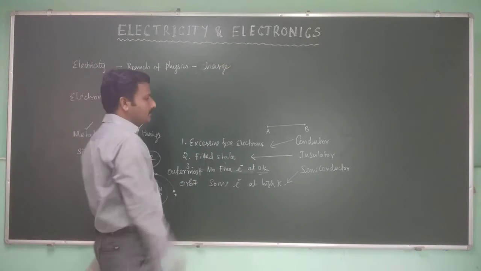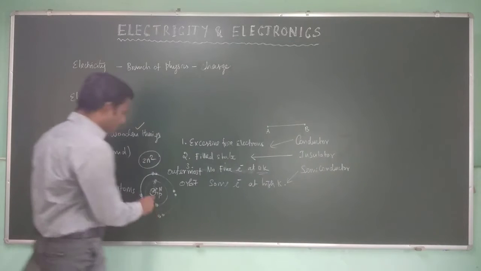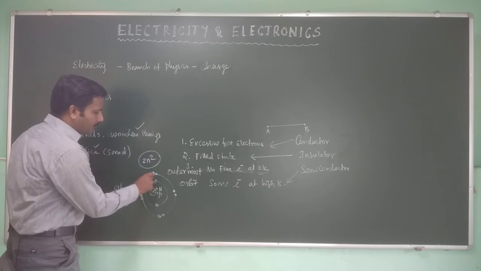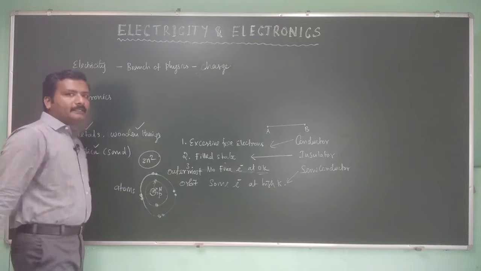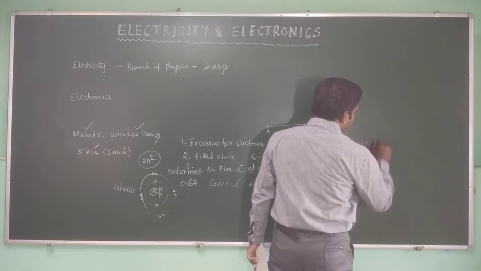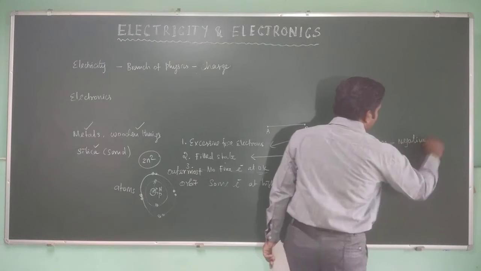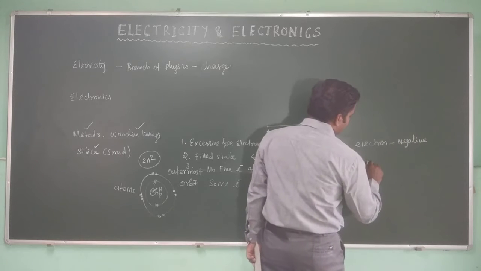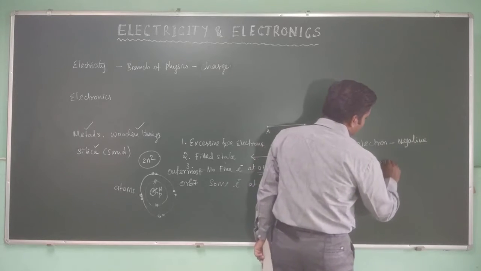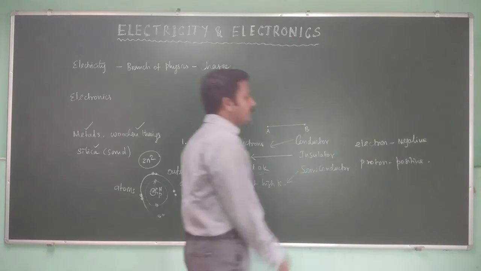See here, what is an electron? In an atom, the electron is assumed to be negative. When we are talking about the electron, it is said to be negative. If you are talking about the proton, it is said to be positive.